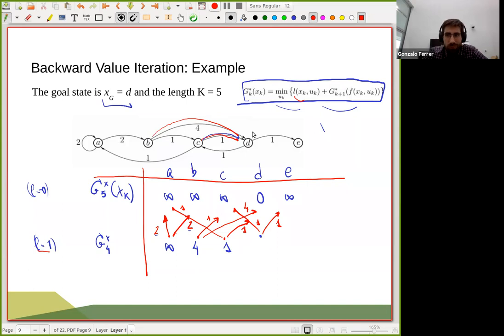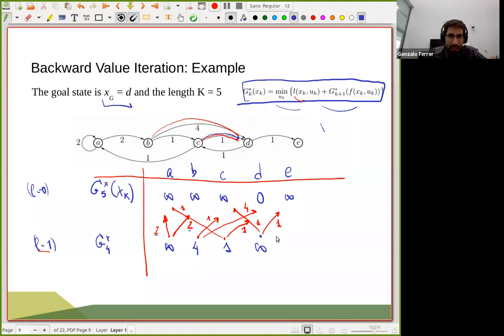We need to apply some actions, because if not, we will not have a trajectory of length 1. Maybe some of you already know where we'll be going next, but unfortunately, even if we started with a solution, it doesn't mean that a length 1 trajectory from here is going to be any good. We can either go to C, which has infinite cost, or to E. So the optimal cost to go is infinite if we start at D. There's no length 1 solution that is going to reach the goal.